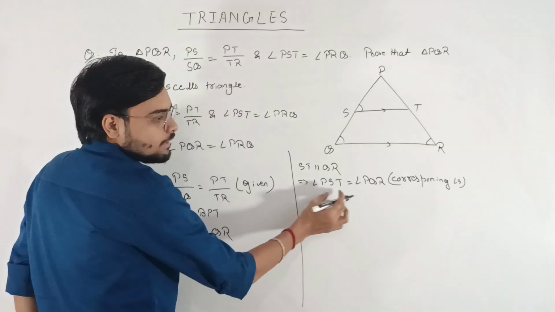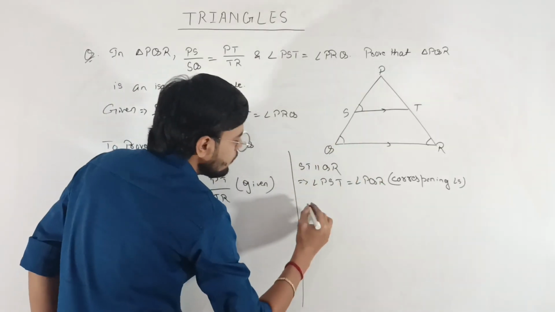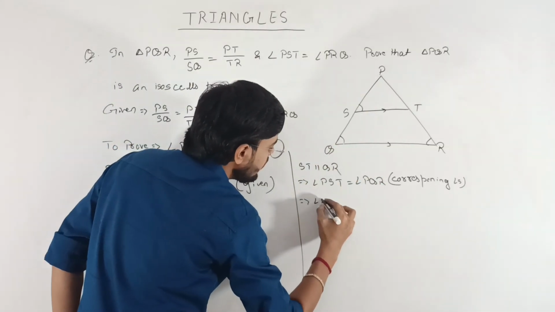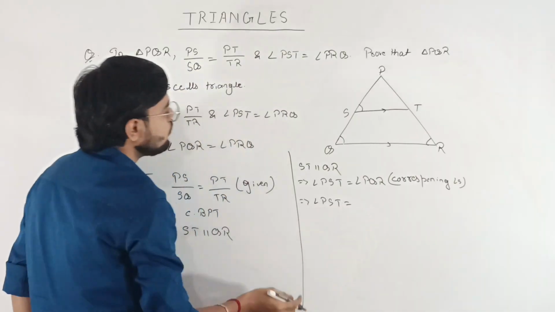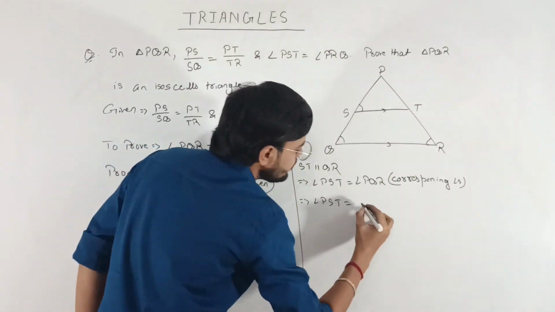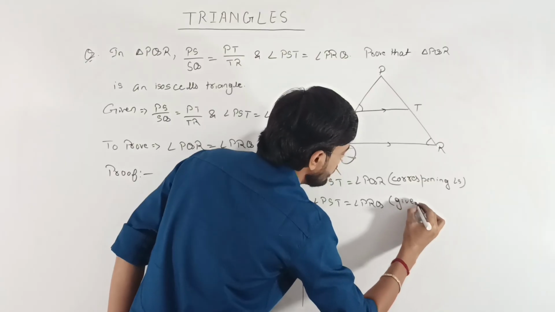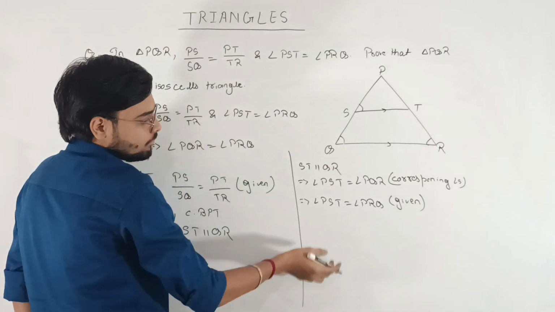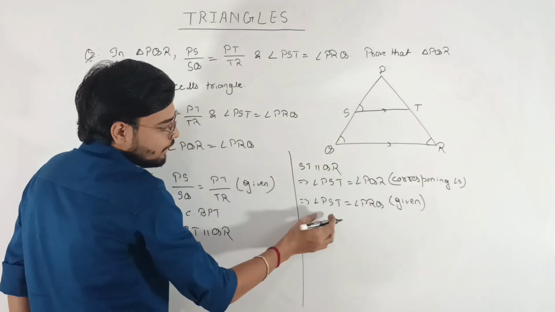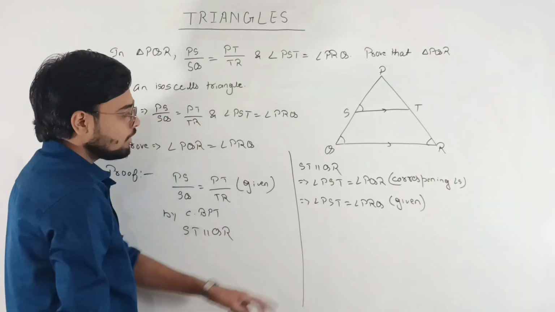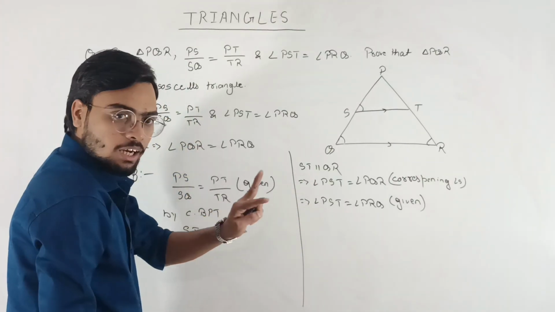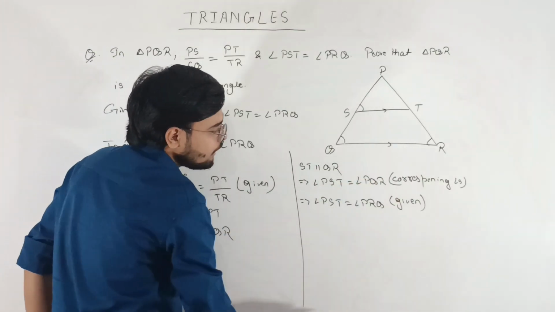Okay. Now PST is equal to PQR, and one more thing is given, that angle PST is equals to angle PRQ. This is given. Now look, PST equals to PQR and PST also equals to PRQ. Then from these two, LHS are equal, so RHS are also equal.